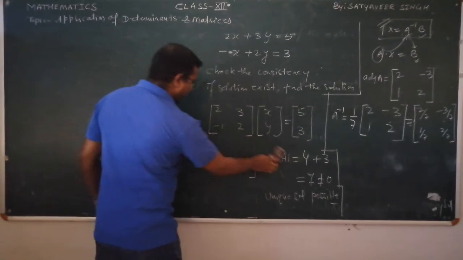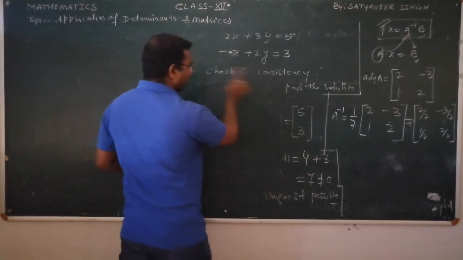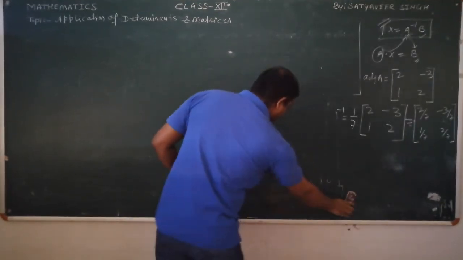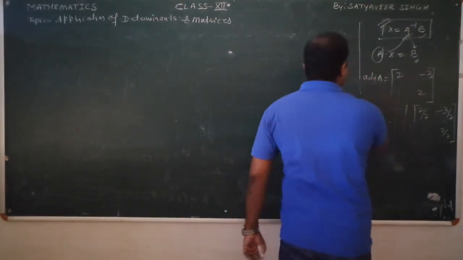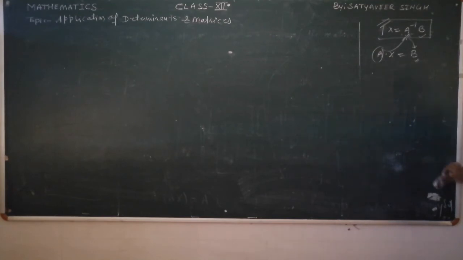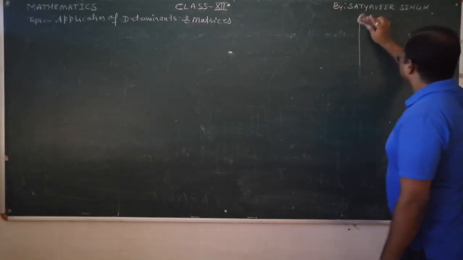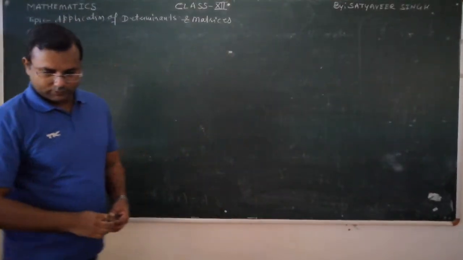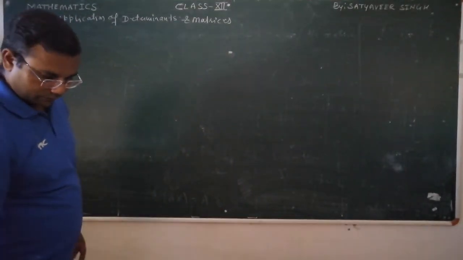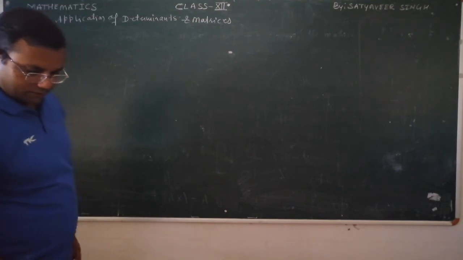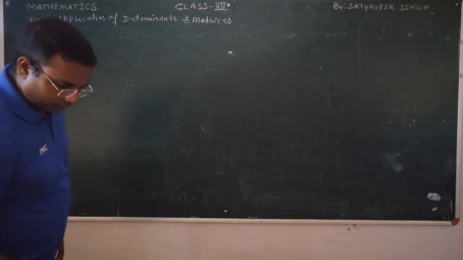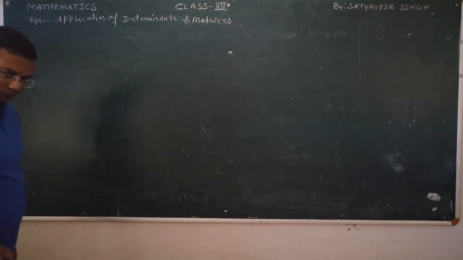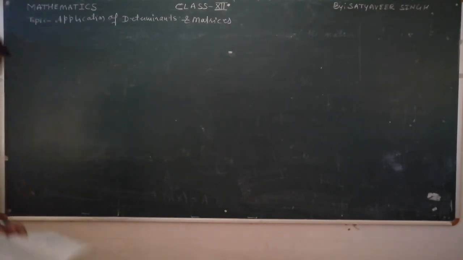Say student, one system of linear equation I am taking again, and there are now three equations, three variables given. See, I am taking this question from your textbook. Solve the system of linear equation using the matrix method. It is given like there is a matrix given.